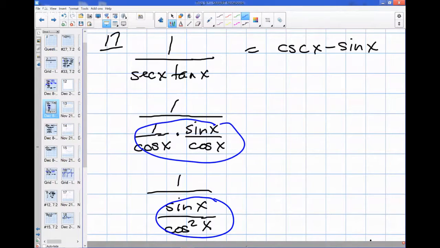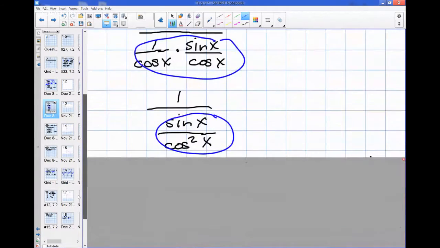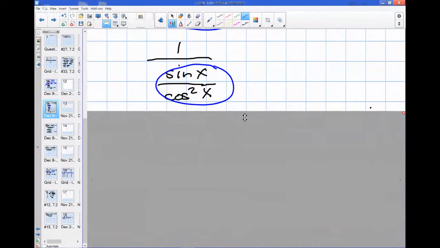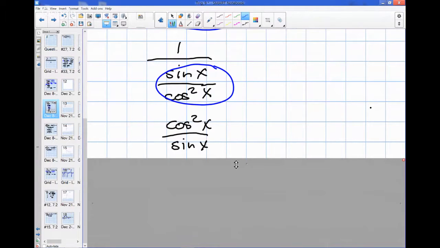Now, what's this 1 over sine over cosine squared? Doesn't that just mean do the reciprocal? As we scroll down here, what we are finding out is that if we just flip that sine over cosine squared, we don't need the 1 on top anymore. It just comes down to that.